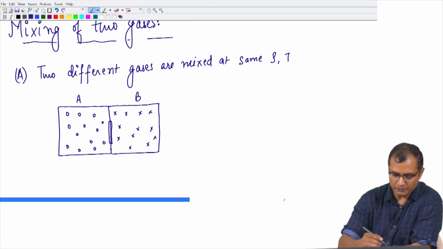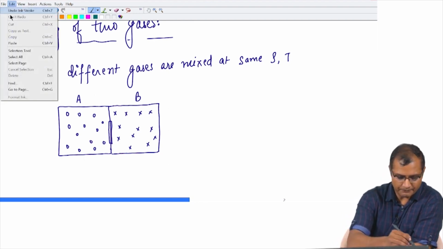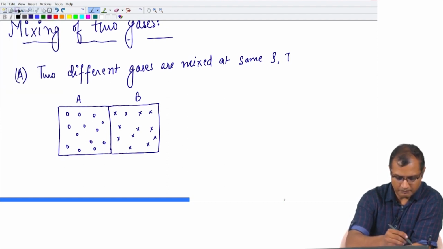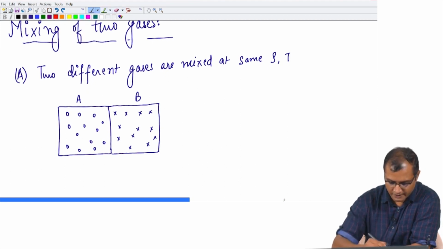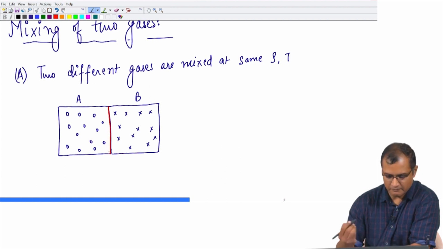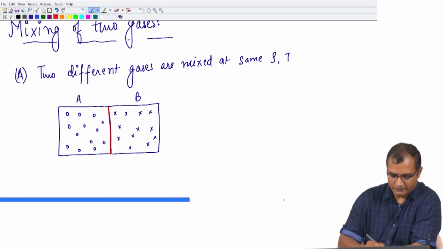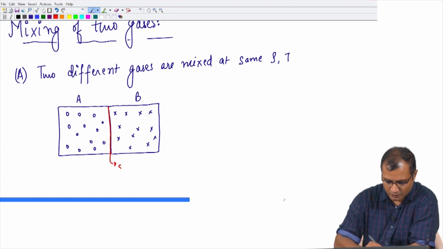I am going to indicate this shutter by a red line. So, this is a shutter that can be open or closed.